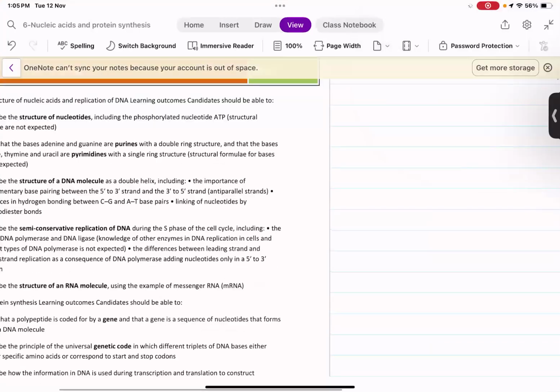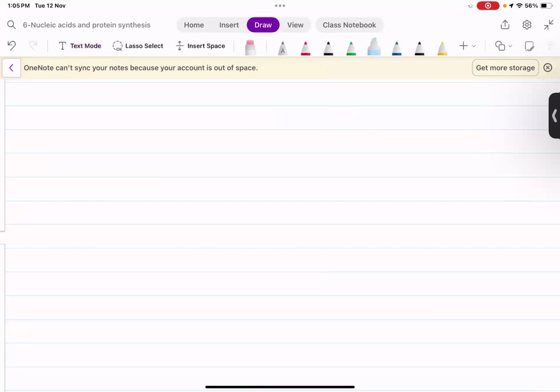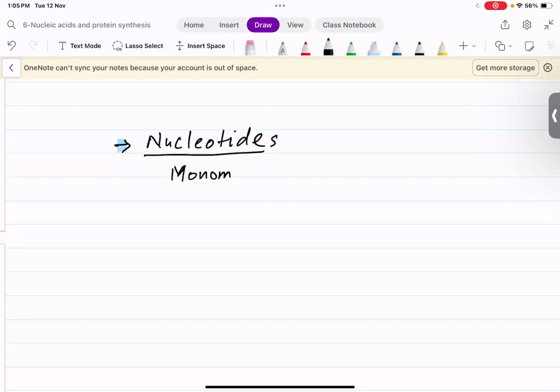Okay, so let's see the structure of a nucleotide. Nucleotides are monomer units of DNA and RNA.